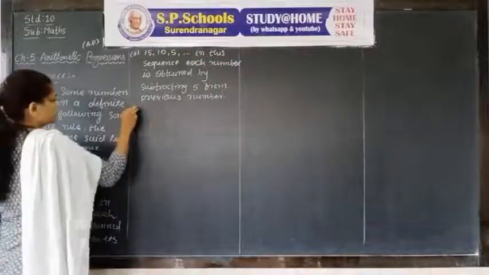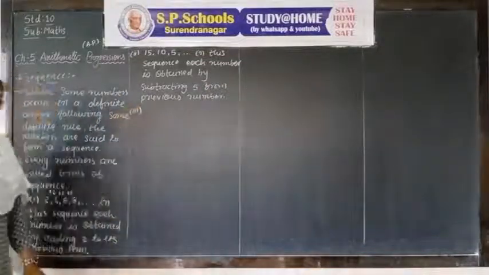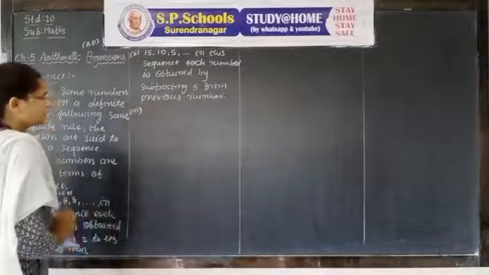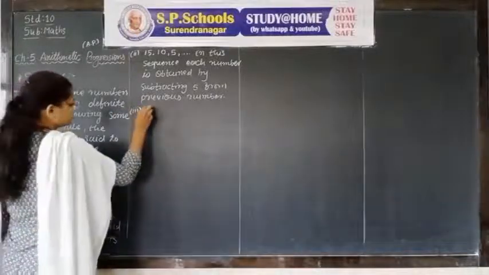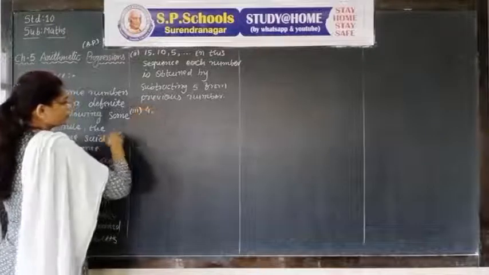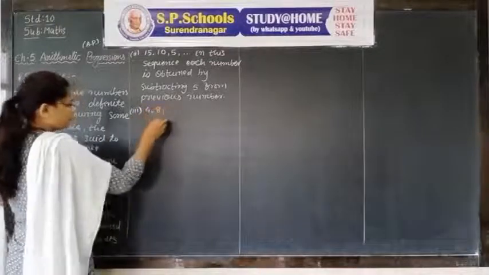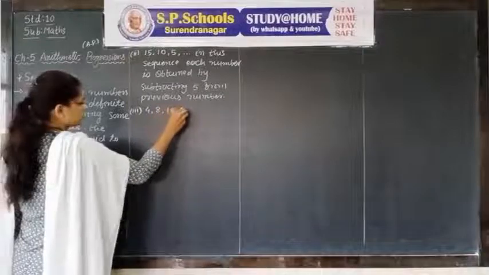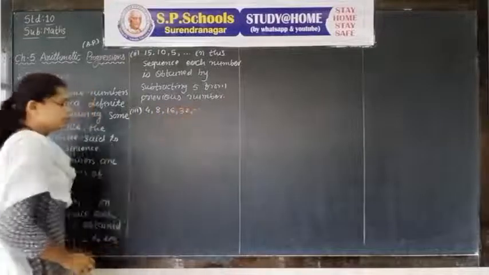Now a third example. Let us take an example for multiplication. 4, 4 2s are 8, 8 2s are 16, 16 2s are 32, up to infinite.